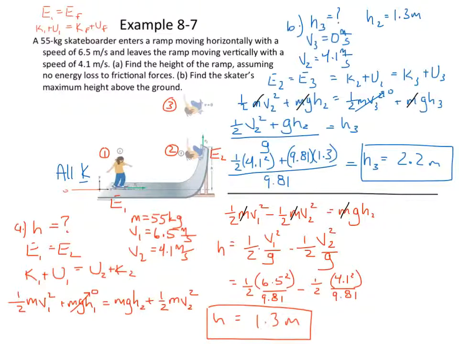All your energy is all K, and this is all potential right there. We'll use the actual symbols. But between any 2 points, as long as you look at the difference in kinetic energy and difference in potential energy, you should be able to find what your unknown energy is, and therefore maybe what your unknown velocity is, or what your unknown height is, which is what we just did.